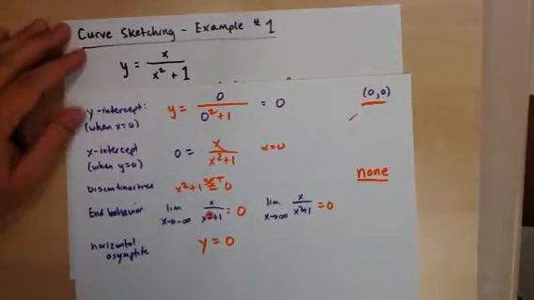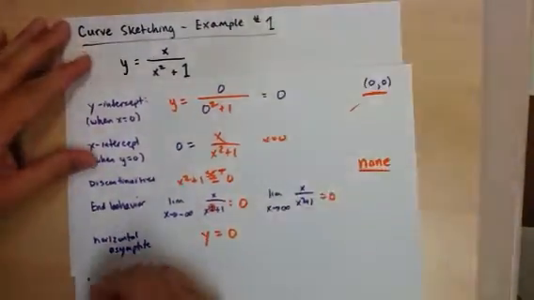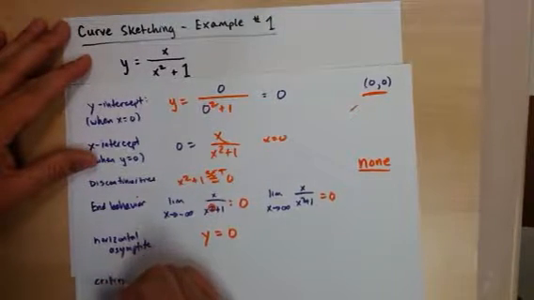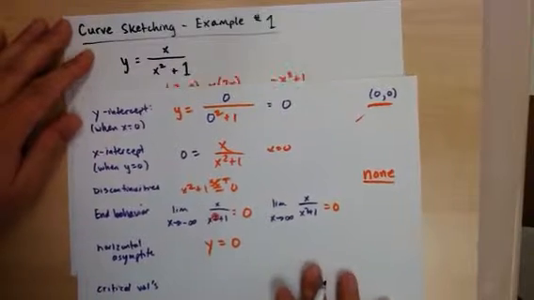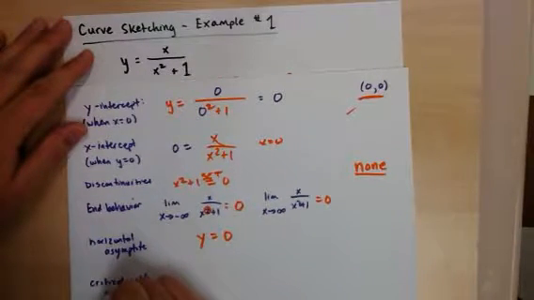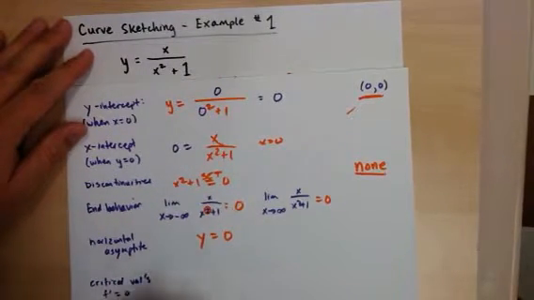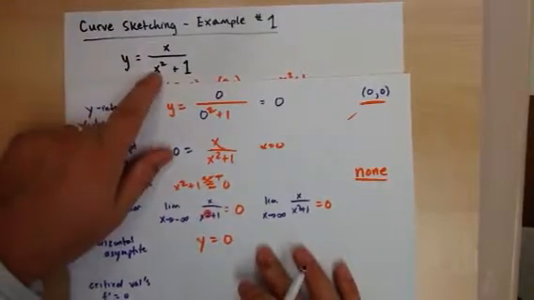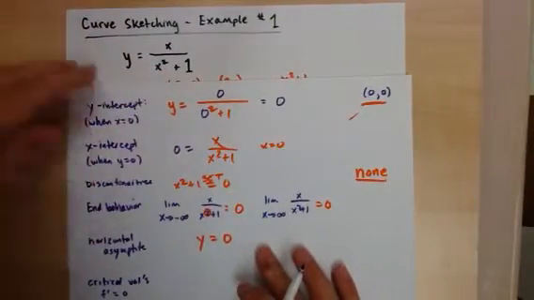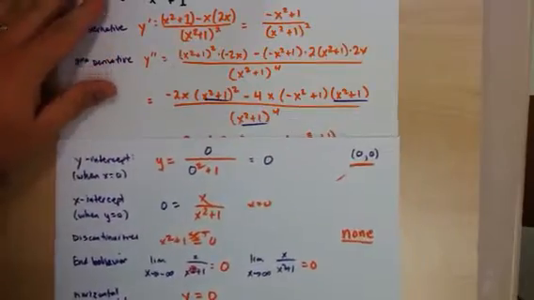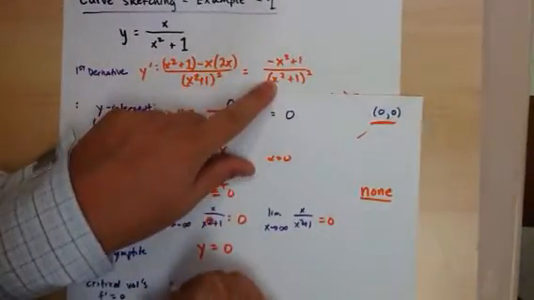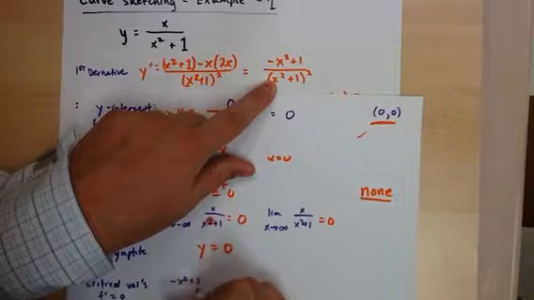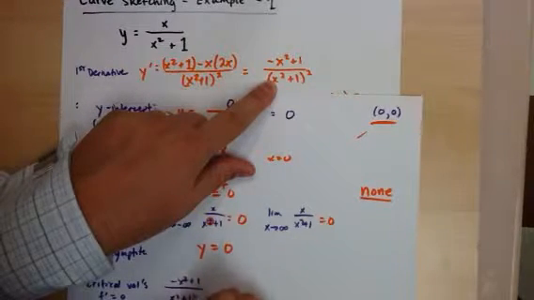Next part, critical values. These are lengthy. I may have to go into a part 2 of this video. Critical values is when your first derivative is equal to 0, and you're going to solve there, or where the function is not differentiable, which in this case everything was good. There's no weirdness occurring here. My first derivative, I'm going to use the cleaned up version, negative x squared plus 1 over (x squared plus 1) quantity squared.